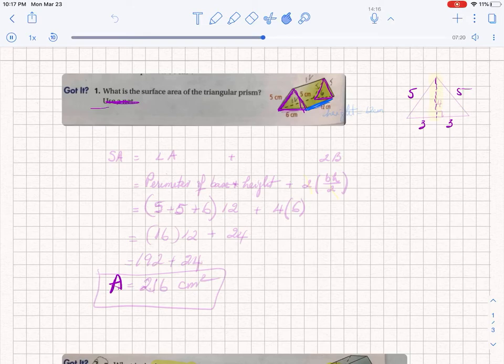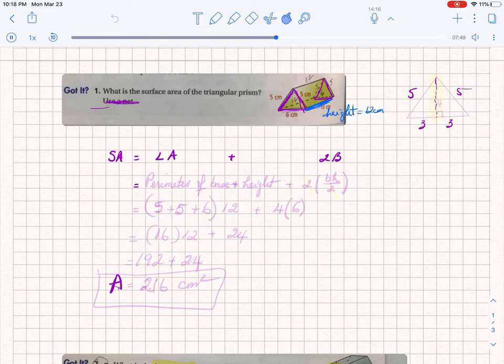Okay, so that is my height. Height at this point is 12 centimeters. Okay, let me bring back this one right here. This is what we call a triangular prism because they have a triangular base. I'm going to spread this out a little bit, and there are two bases.